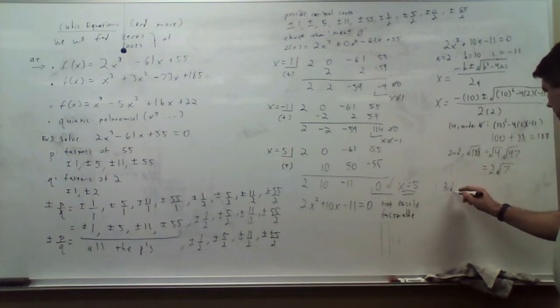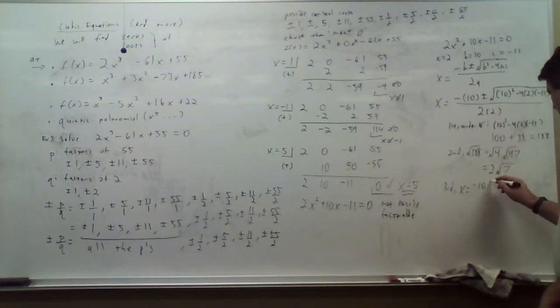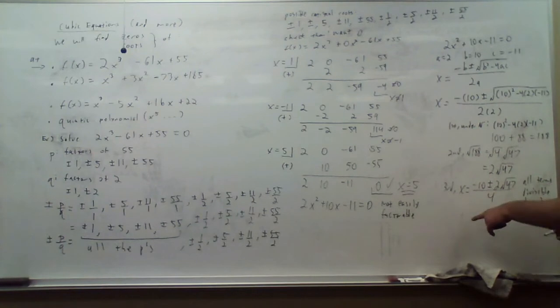So that's 2 square root of 47. Third, x equals negative 10 plus or minus 2 square root of 47 over 4. All 3 terms are divisible by 2, so we will do it.